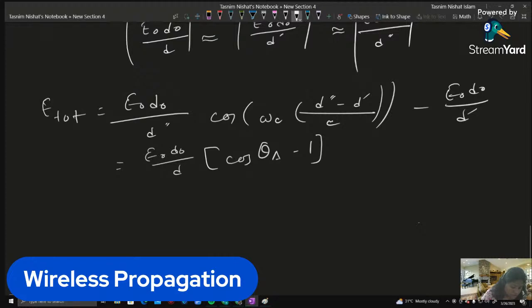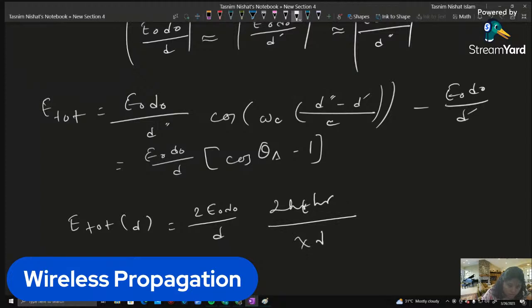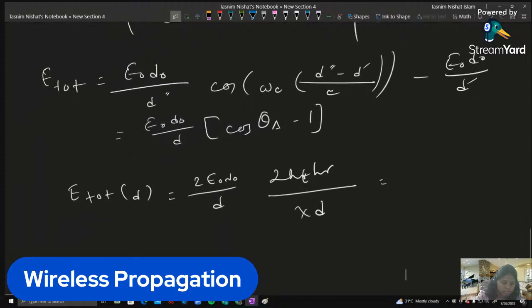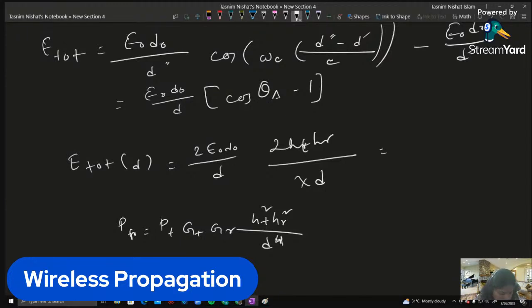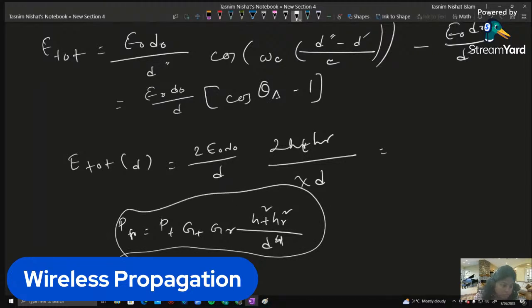And eventually this turns out to be, so this is the free space.